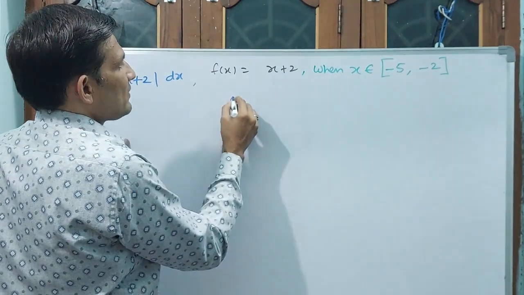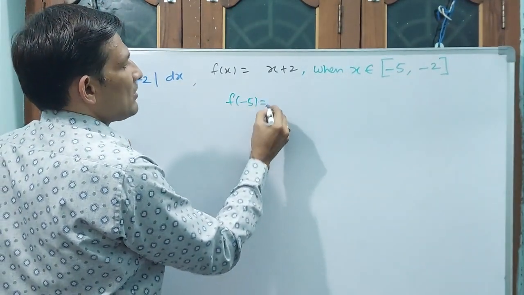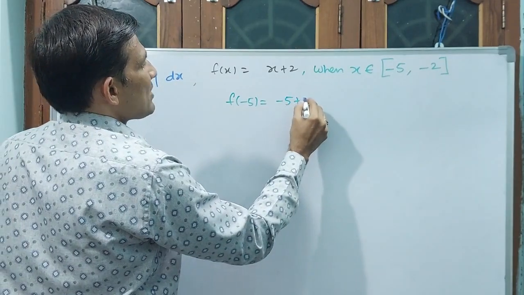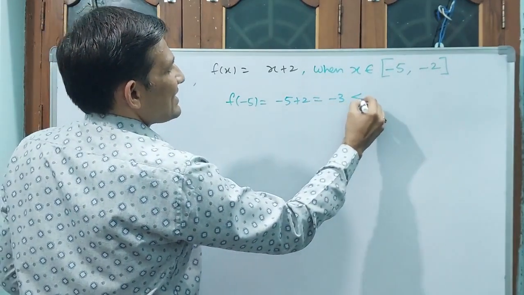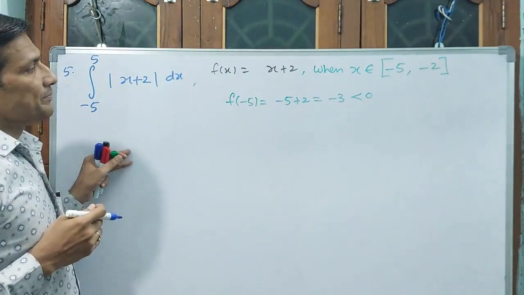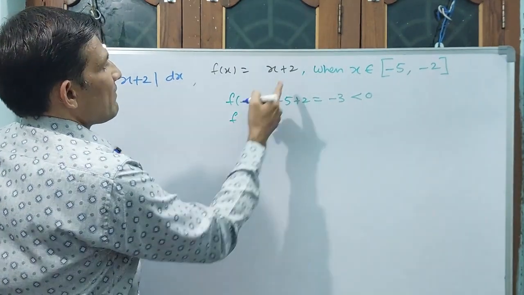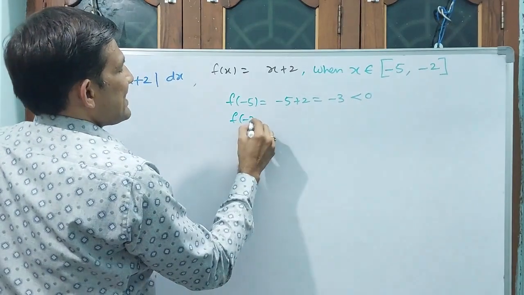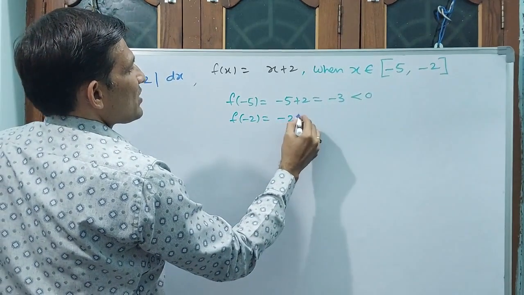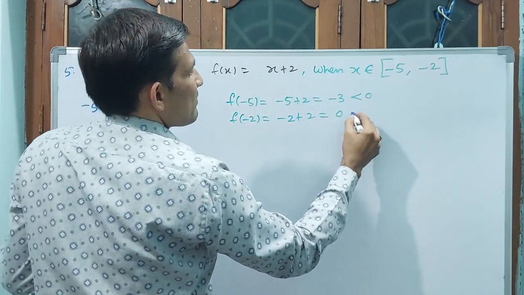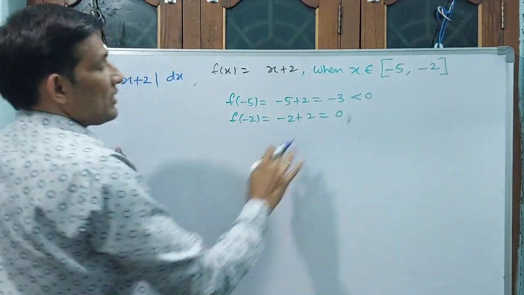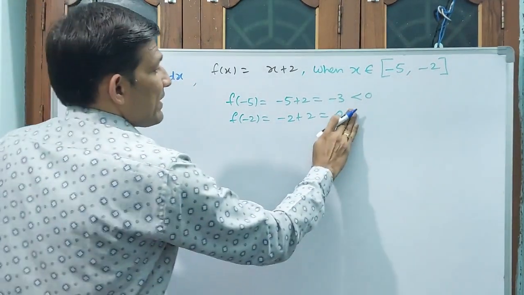Then f of minus 5 is equal to minus 5 plus 2, that is equal to minus 3. This is less than 0. Now, f of minus 2, if I take, minus 2 plus 2, that is equal to 0. See what is happening here.